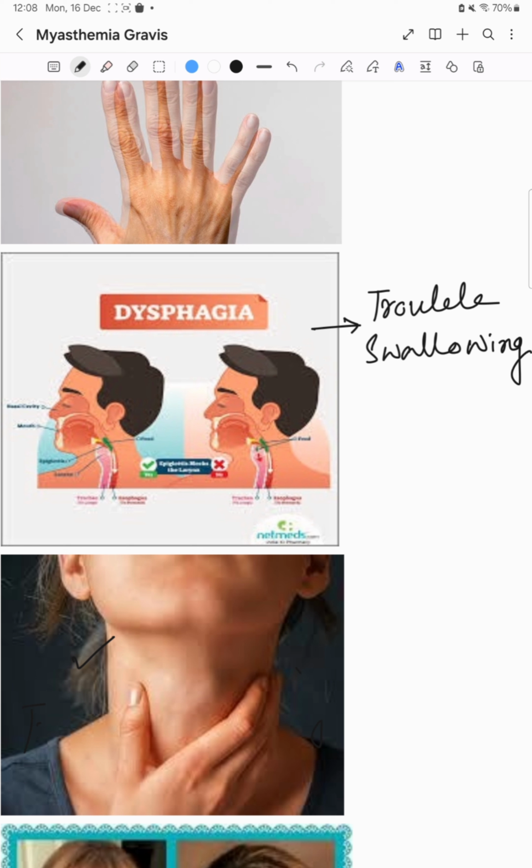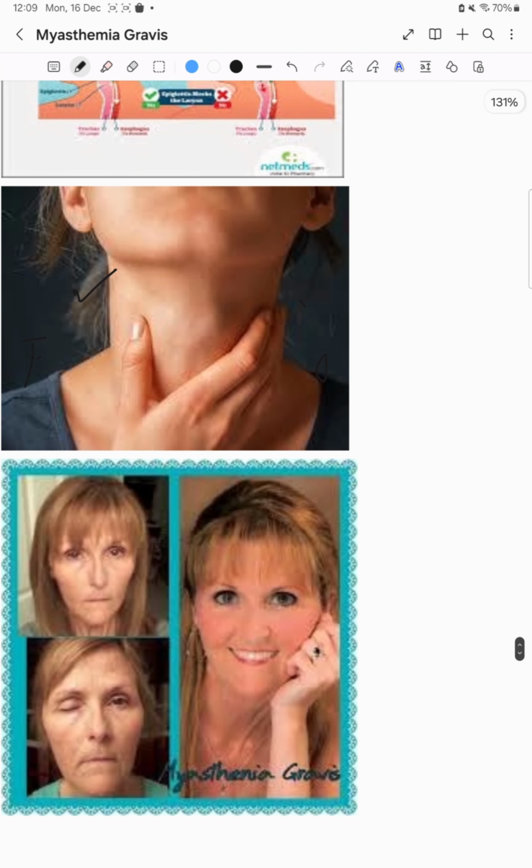Next, weakness in facial muscles causes a drooping appearance or difficulty smiling. Here a person cannot smile properly because the appearance gets changed and drooping because of facial muscle weakness. This person is affected by myasthenia gravis.